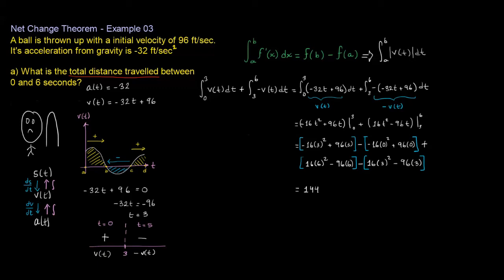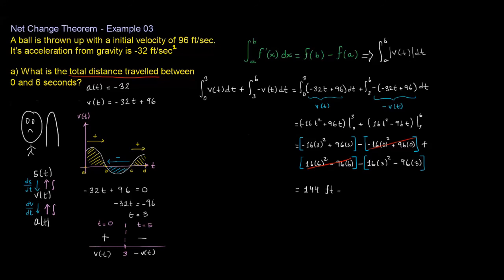As we are taking a total distance traveled, this will be in feet, I'm sorry, not meters, feet. Now, the second term would cancel out. And the third one is actually 576 minus 576, so this one can cancel out too. You can verify it using your calculator.